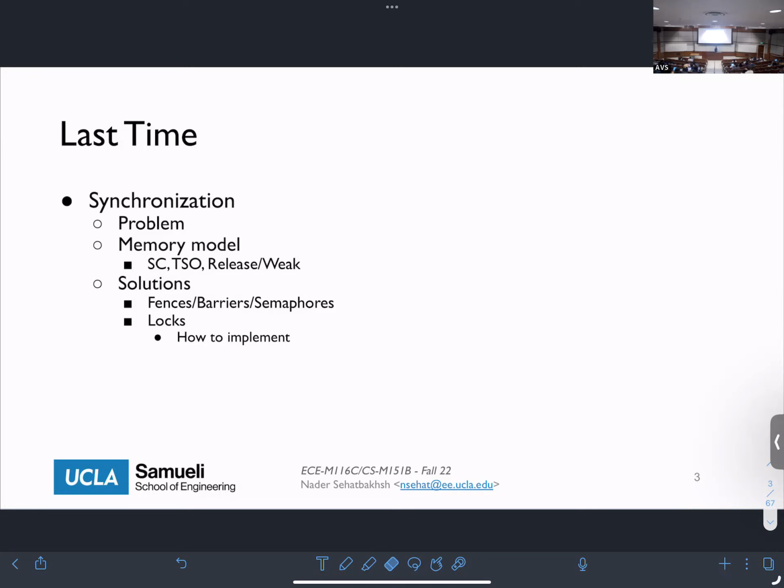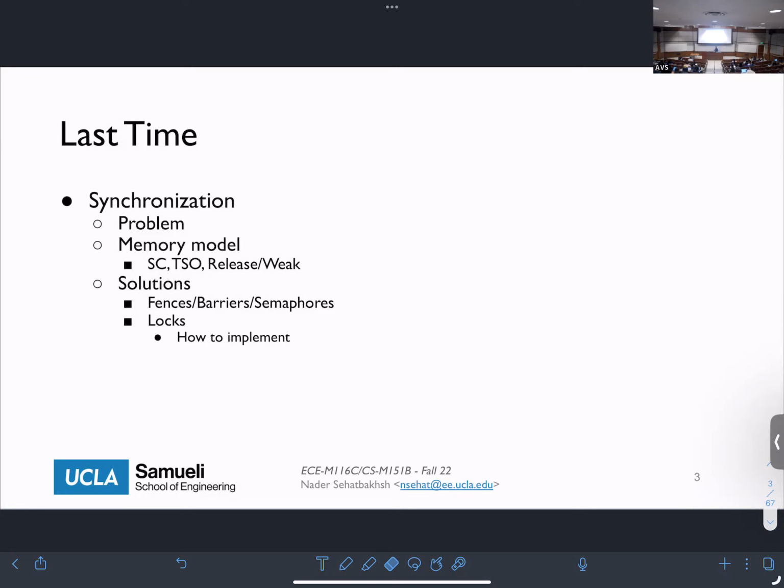Generally, the idea here is that we should allow the hardware to reorder things as much as it can, and we should write our programs using the APIs or the tools that it provides to us in order to write the program in a correct and predictable way. Okay, so that's the general methodology when it comes to multi-threaded programming.